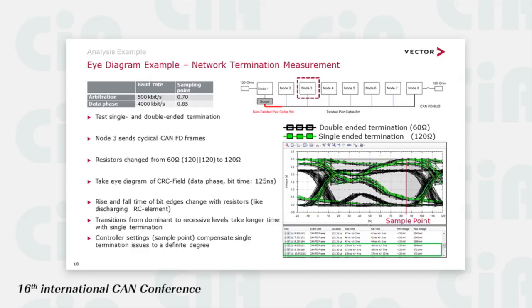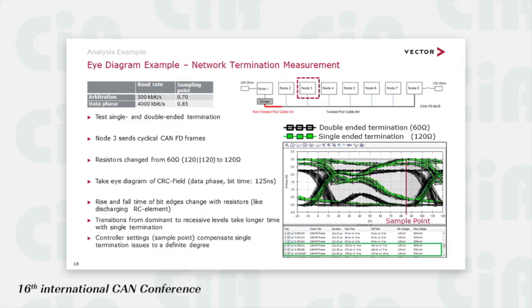The reason is the resistor increases, and resistance is directly proportional to the fall time, because a transceiver does not lead any current, and it behaves like an RC element when discharging. Here you see we have chosen a sample point at 85%.